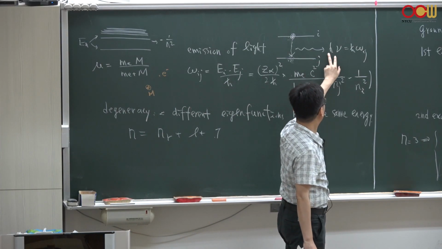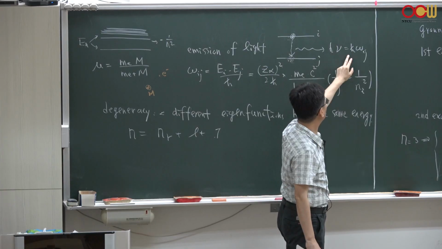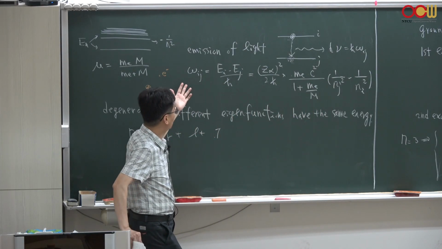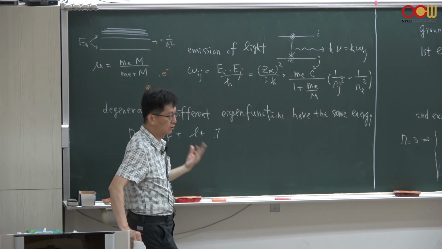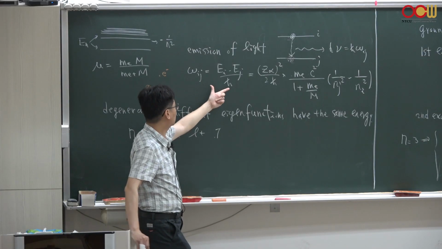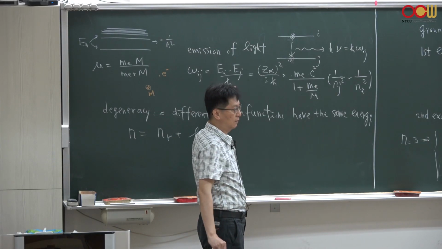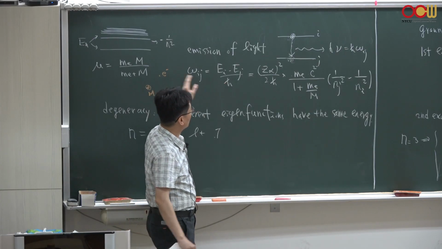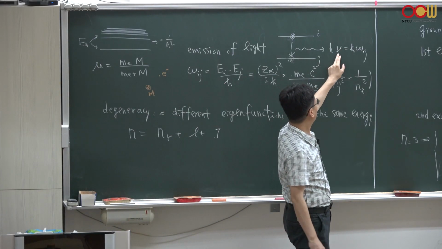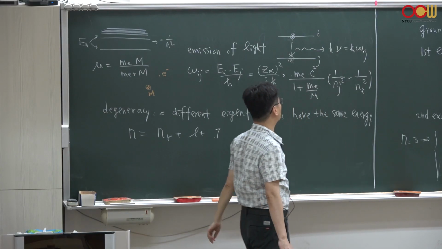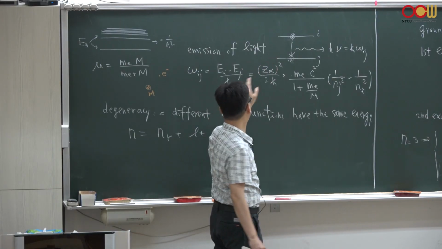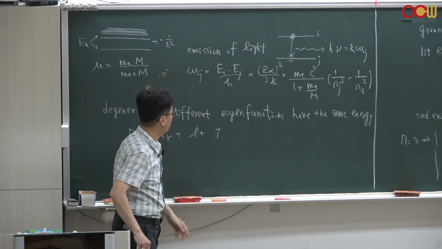Now the emission carries this energy h nu or h bar omega ij, and in the hydrogen atom, such a transition energy or frequency could be observed and calculated by this formula that we just derived. Okay, so this kind of light emission with a frequency nu is related to the difference between these two energy levels, capital Ei and Ej.